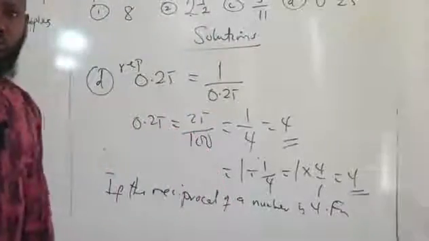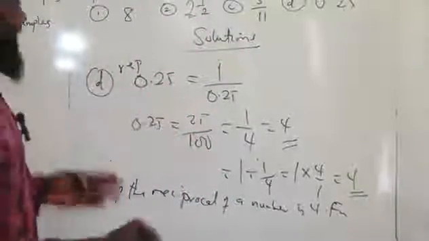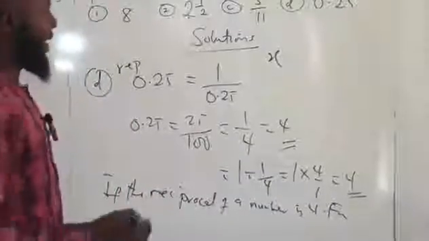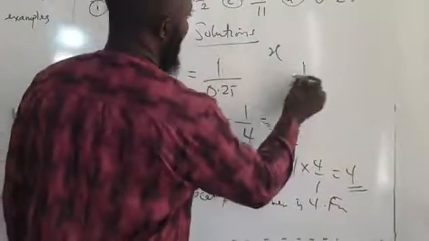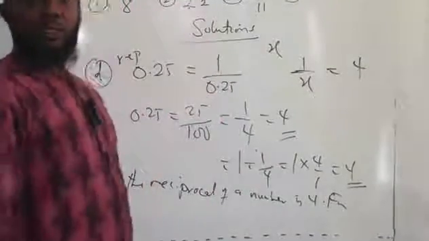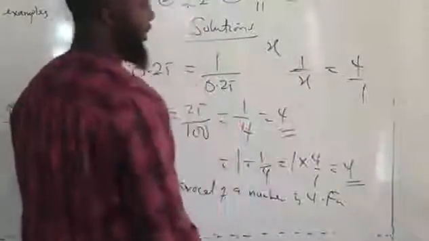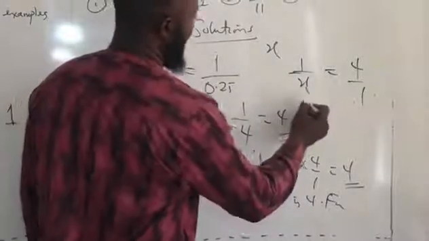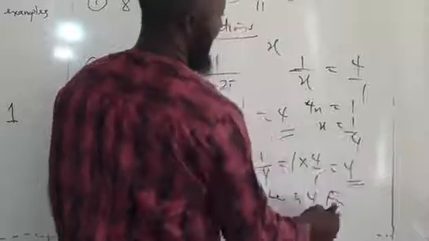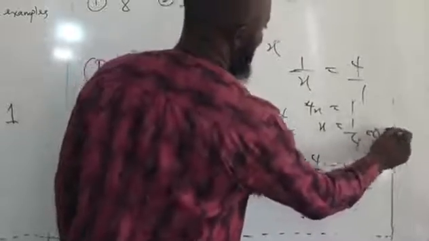So how are you going to do it? The first thing is, let the number be x. What is its reciprocal? 1 all over x, and it is 4. This is 1 over 1. Then when you multiply, you have 4x equals 1. That is x equals 1 all over 4, which is 0.25.